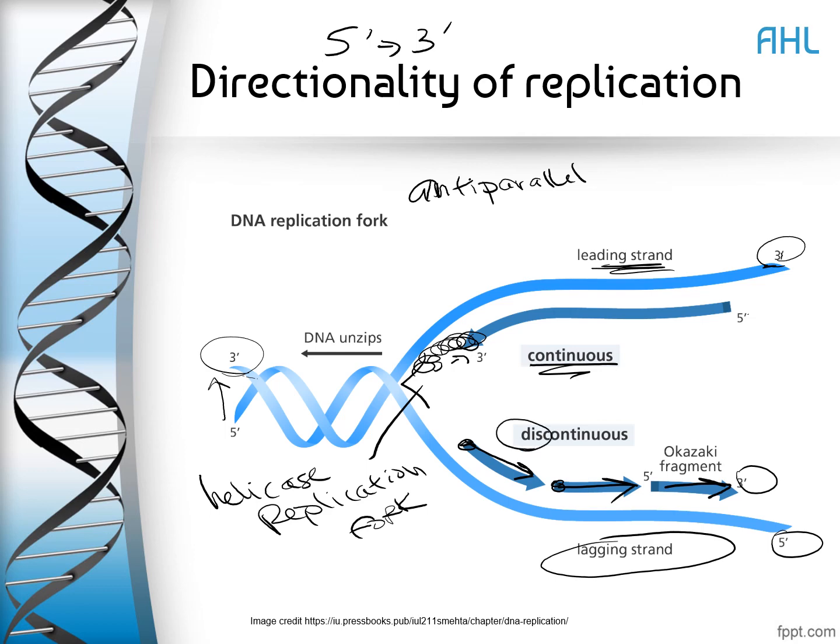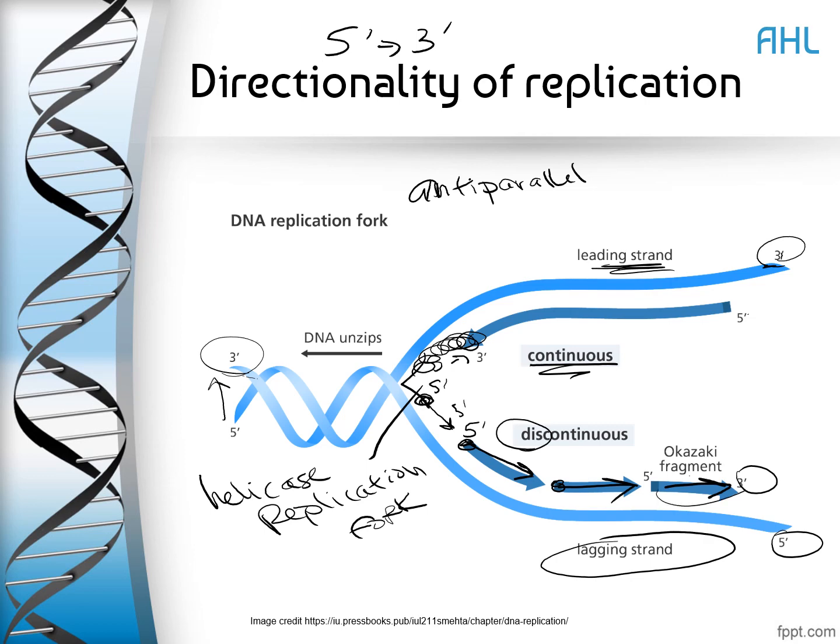We call this discontinuous because clearly it is not in a continuous strand. And this is due to the fact that we can only bind things together in a 5' to 3' direction. If this is 5', I cannot go 3' to 5'. Instead, I have to start a new chunk here that's 3', and I can grow it in this direction from our 5' to our 3'.